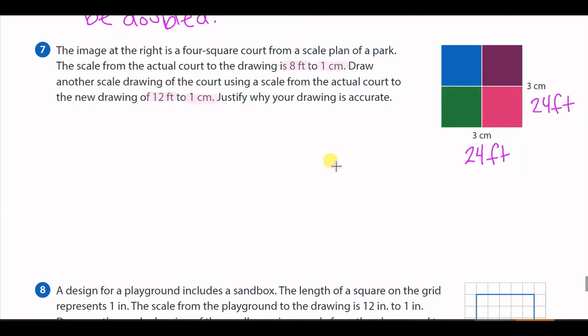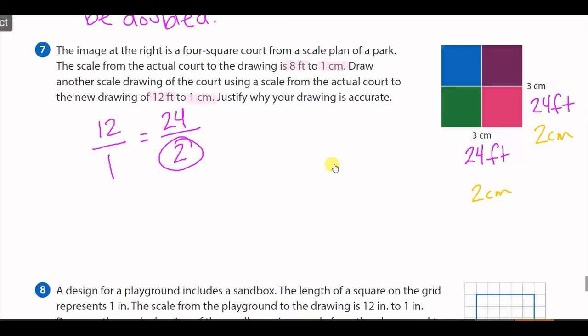And now the new one is going to be 12 to 1. We're going to make that 12 feet, and we've got 24 feet. That's going to be 2. There we go, that's pretty easy. So the new drawing is going to be 2 centimeters by 2 centimeters.